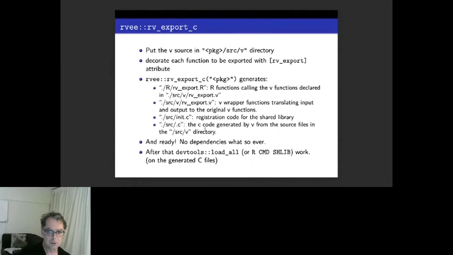So that's 1, 2, 3, 4 files, and you can include these in your package, and then you have just a normal R extension package, and no dependencies whatsoever. If you have done this, then devtools or R CMD SHLIB should work on the generated C files.